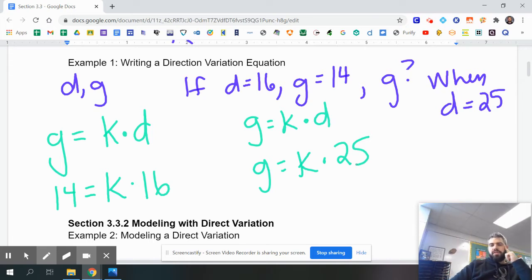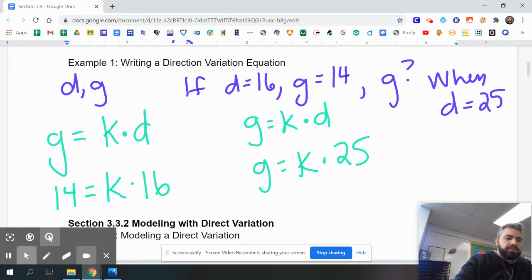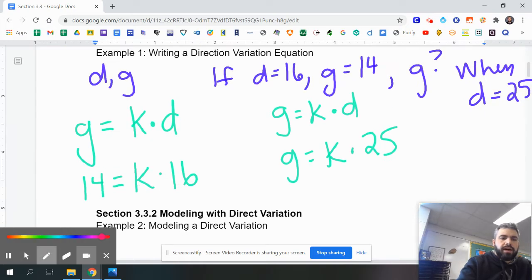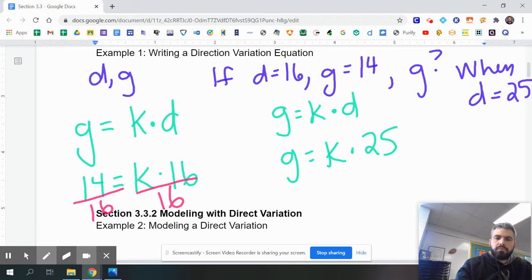Now, thinking of it this way, if we can solve it so that they're both equal to k, then they'd be equal to each other. So we're actually going to set it up so that that happens, right? We're going to divide this by 16, divide this by 16. And if I divide this by 25, divide this by 25, I find that k is equal to 14 over 16, and over here, k is equal to g over 25. So they're equal to each other.